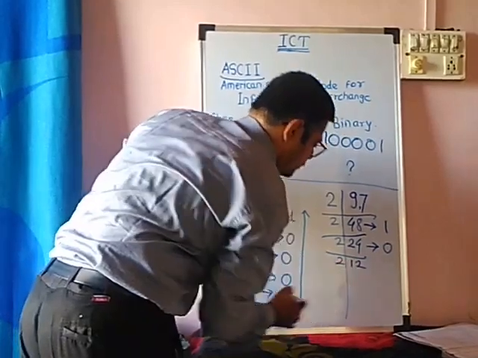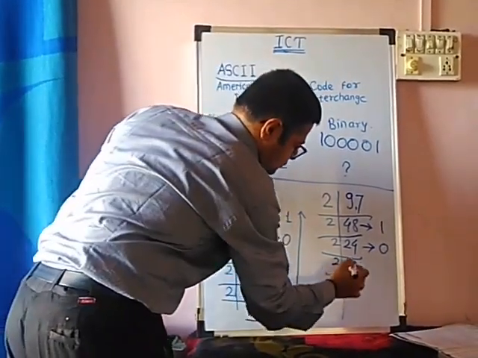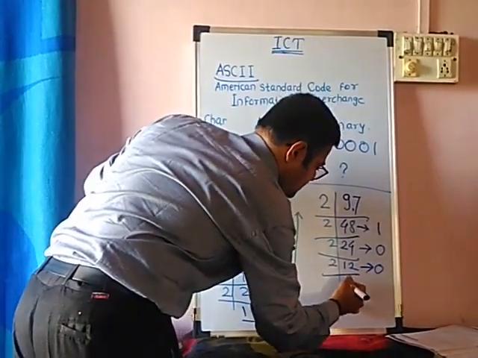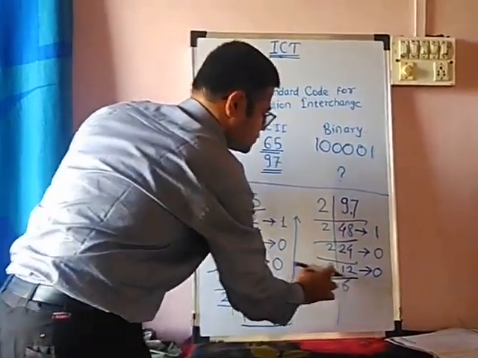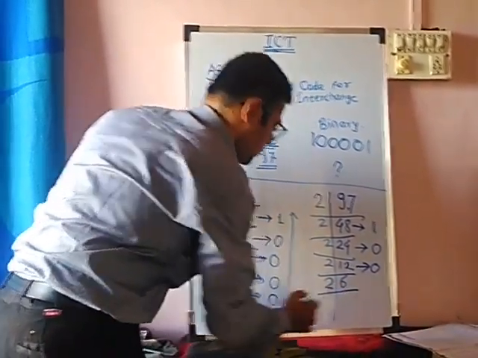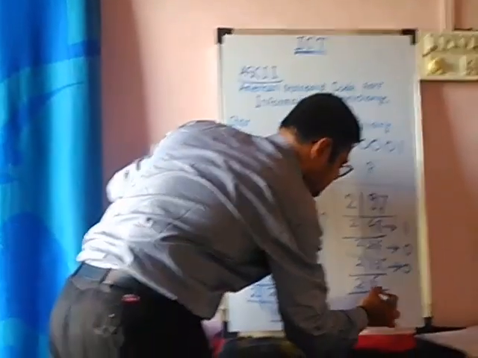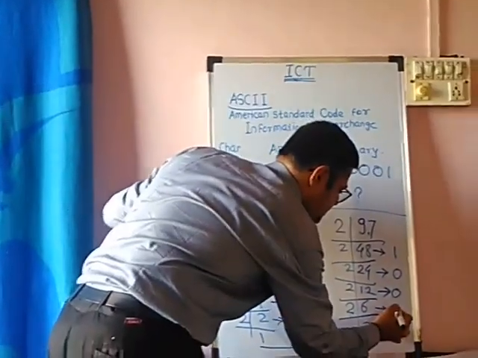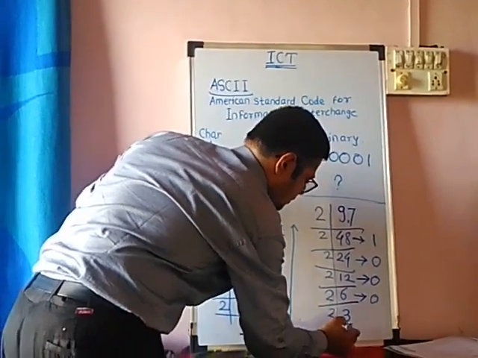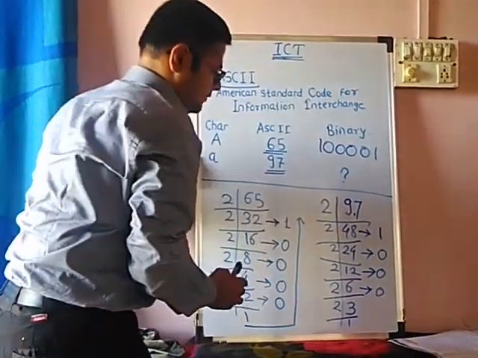Again you have to divide it by 2. Okay. Here 0 is the remainder and 6 is the division, because 6 2s are 12. Divide by 2. 3 is the division and here 1 is the remainder. Divide by 2. 1 is the division.